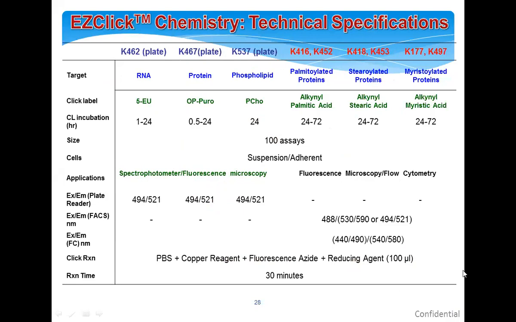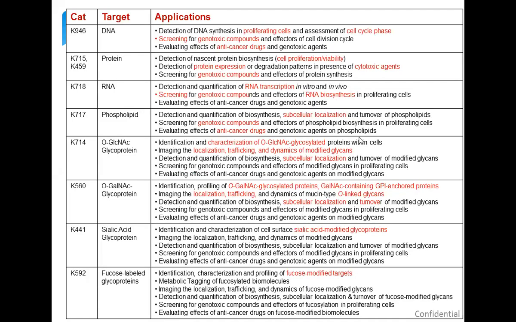So cells are not growing anymore. Only after fixing the cells and permeabilizing, then you are performing the click reaction at room temperature, you don't have to be concerned about temperatures. Okay, I tried to summarize in terms of the different catalogs, the target, and the application of these kits. This is for DNA, protein, RNA, phospholipids, glycoproteins, or sialic acid, or fucosylated glycoproteins.